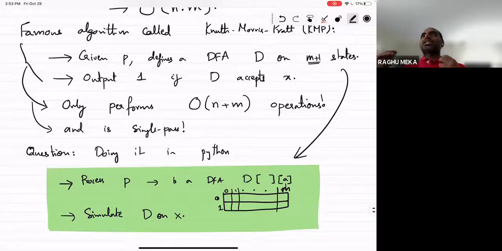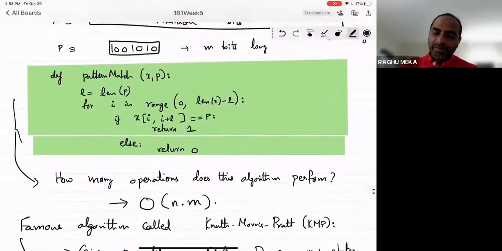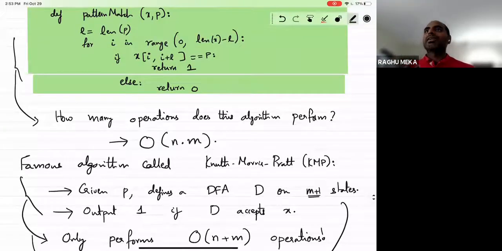Each step of the for loop only takes one operation, one lookup in this table, and that's it. Does it answer your question, Eugene? It's a really beautiful algorithm, but the crux of the matter is capturing the pattern by a DFA.